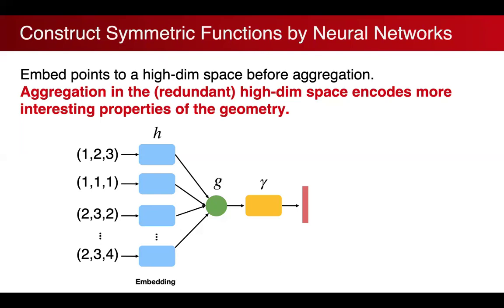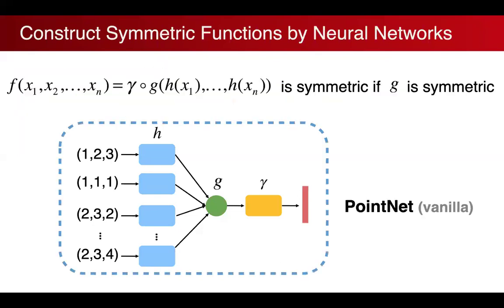Then to preserve the permutation invariance, we have this symmetric function. And then we can have any kind of neural network here to extract properties. This is the basis of the PointNet neural network, because it's a composition of an embedding h with a symmetric function g and a neural network gamma. And then it has an output here of the analysis of this point set.